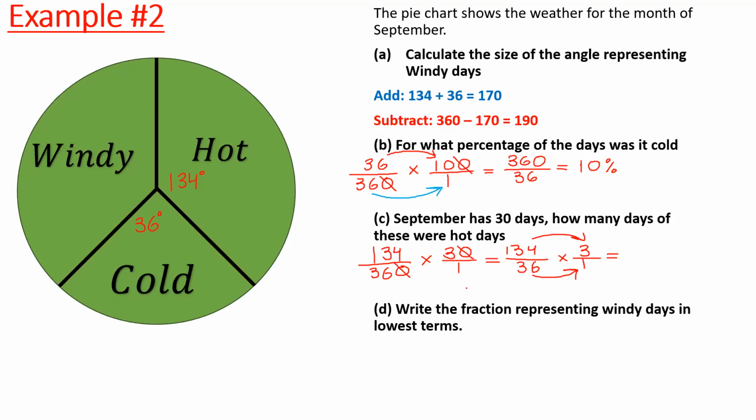What is 134 multiplied by 3? 402. So we say 402 over 36. Then we divide and we get 11.2.